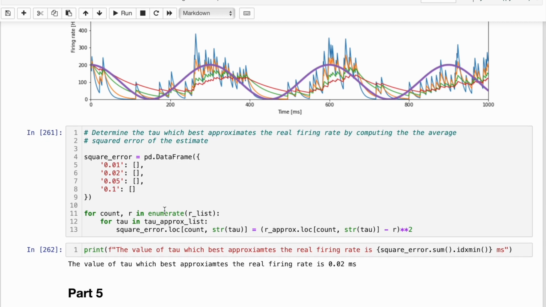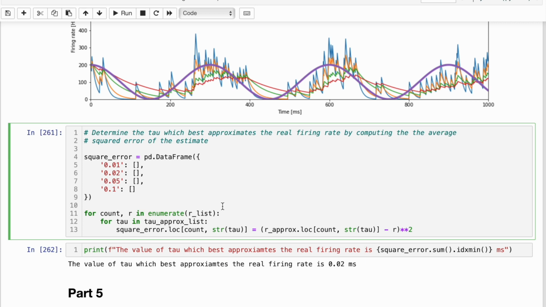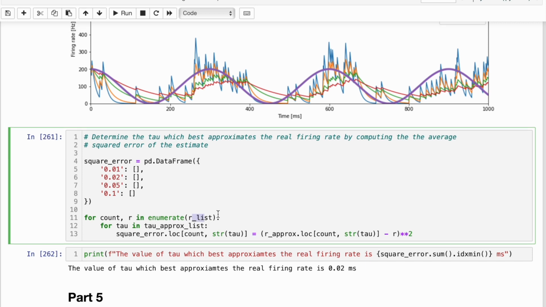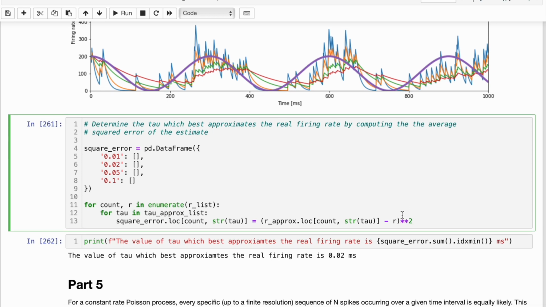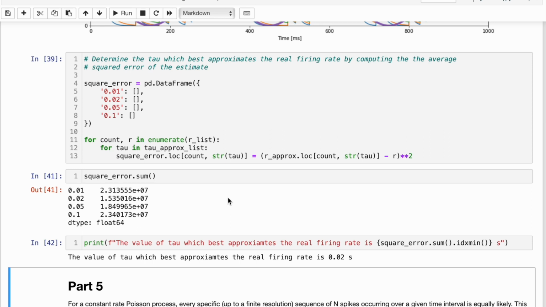So here we loop over the different approximate firing rates and for the different taus, and then we generate the value which is the lowest in this case.